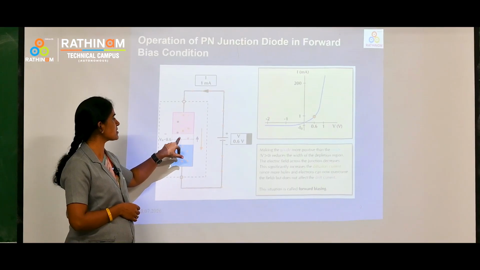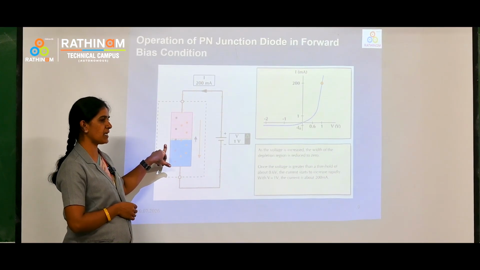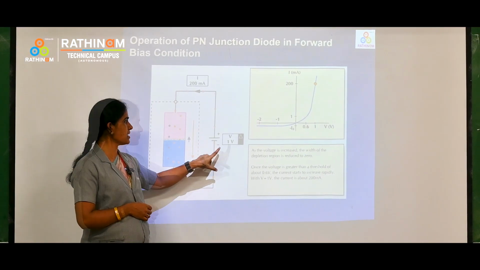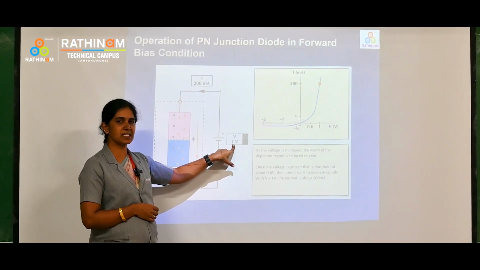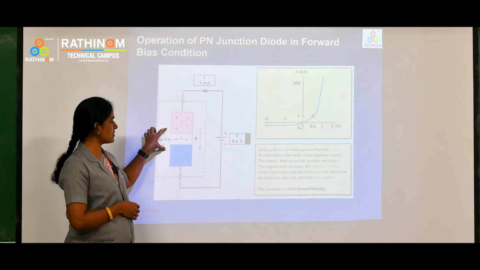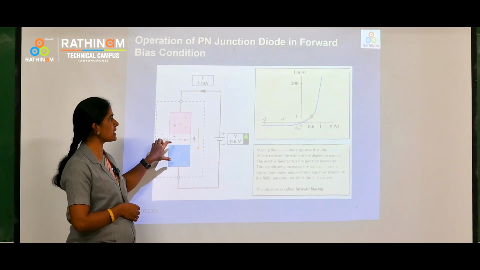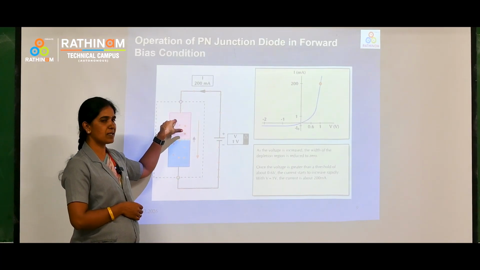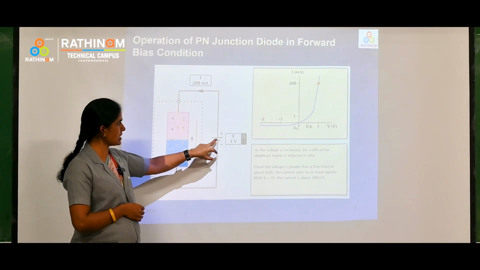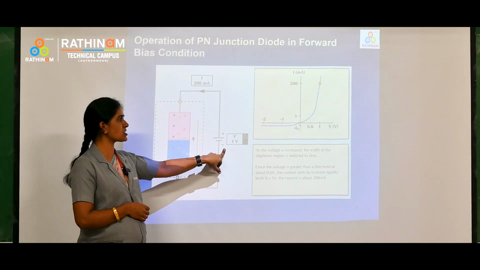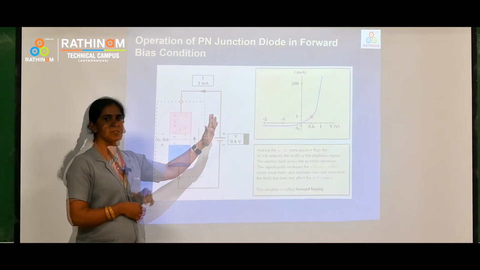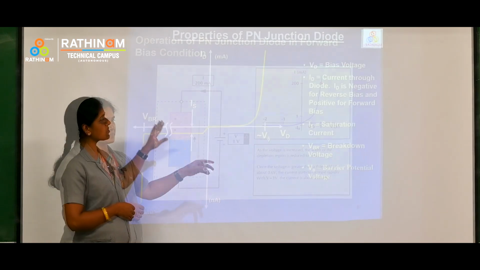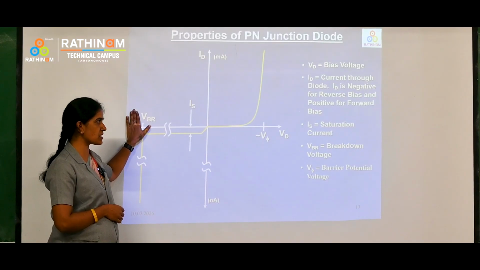It reduces the width of the depletion layer. When we increase the forward bias beyond 0.6 volt, the width of the depletion layer becomes 0 and current starts flowing through the diode. When we increase the forward bias voltage, the current increases in proportion to the forward bias voltage. So this is the characteristic of the PN junction diode.